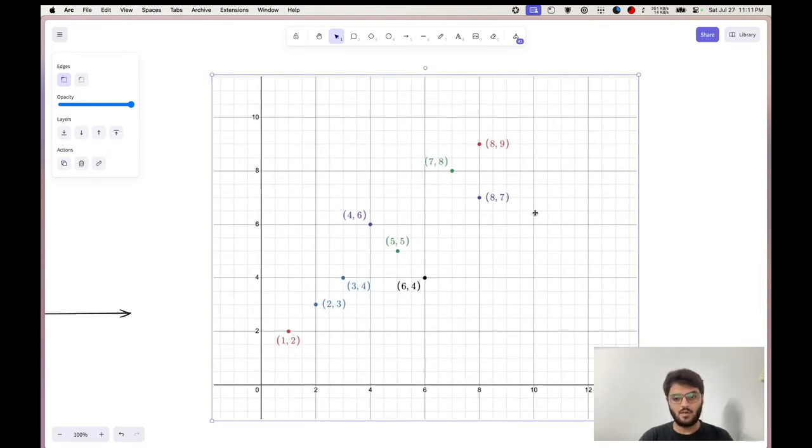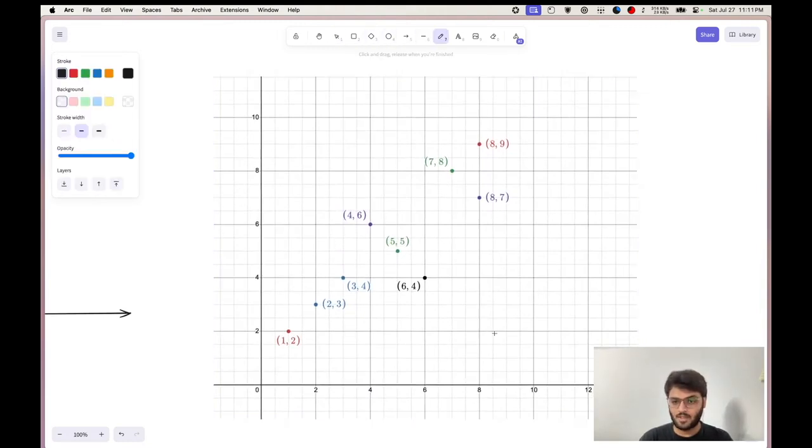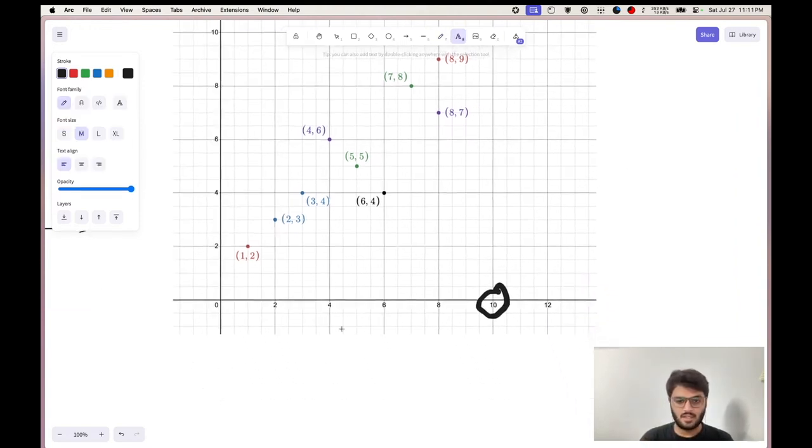Now if I were to ask you what will be the output of, let's say, this point, if I were to put 10 as a value. Just to clarify, the bottom line is what we call the independent variable. If I misspell it, please excuse that.